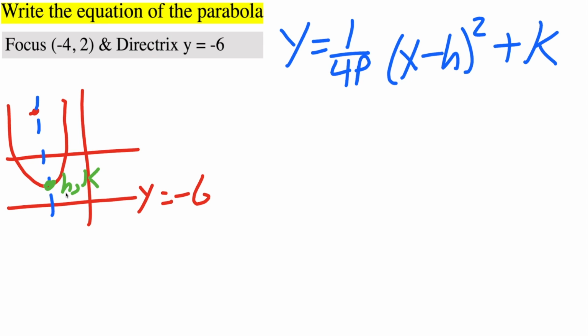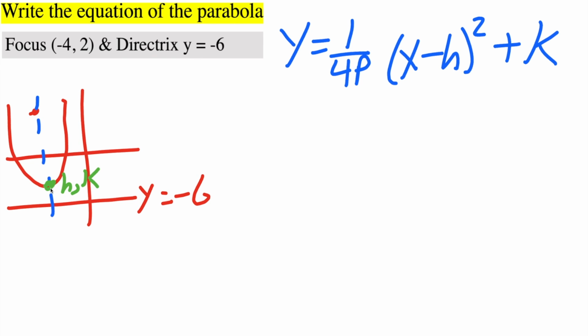As part of the definition for a parabola and vertex, we know that the vertex is going to be between the directrix and the focus. They're equidistant. Obviously, in my sketch, it's not because I did a quick sketch just to help me determine the axis of symmetry. But with the definition of a parabola, we know that the vertex is going to be in between the focus and the directrix.